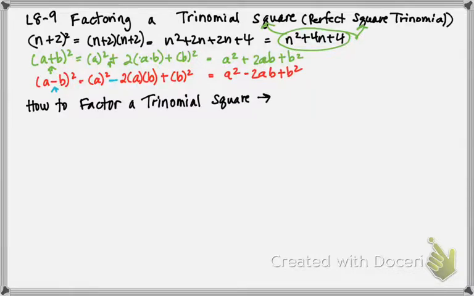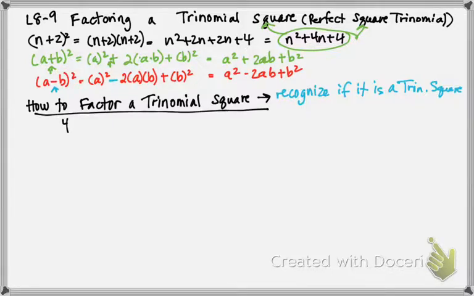First thing we need to do is recognize if it is a trinomial square. Okay, so what am I looking for? Let's bring one up. We've got 4y squared plus 12y plus 9.